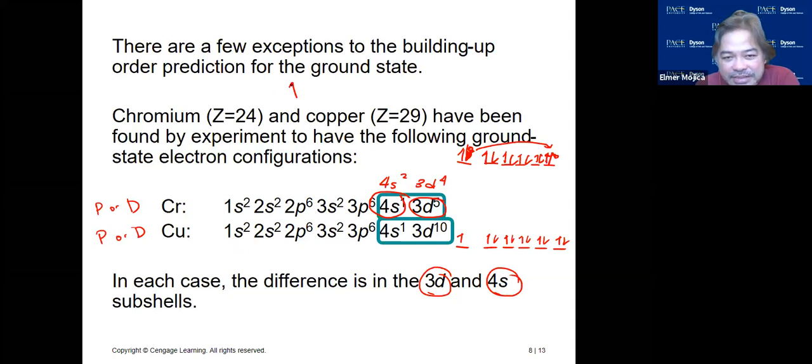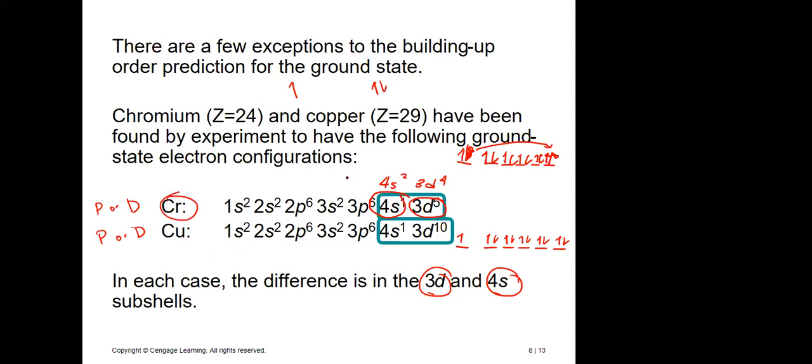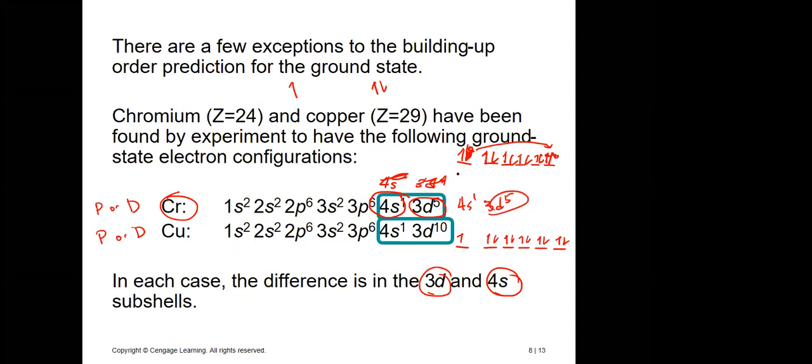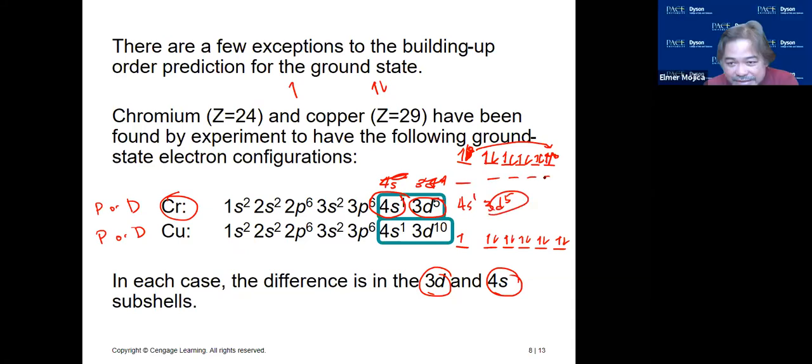If it's diamagnetic, all of them are paired. As you could see, chromium has 4s1, 3d5. All of these are unpaired, so all of them are what we call unpaired electrons. So that's paramagnetic.